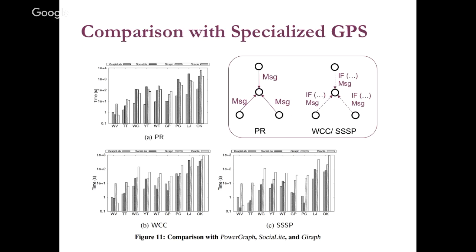We find for PageRank, Oracle can beat Giraph on most data sets, but it cannot beat it for connected component and shortest distance. The reason is that for the specialized graph processing systems like Giraph, they have very different patterns of message sending and merging.